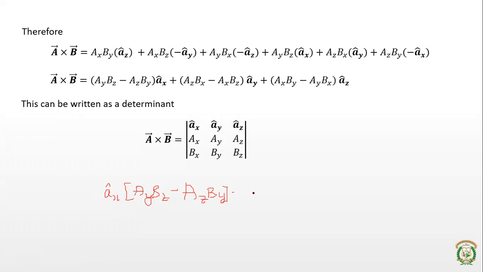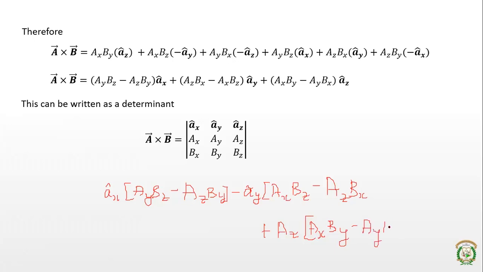Minus ay multiplied by ax bz minus az bx, plus az multiplied by ax by minus ay bx, right? So if you compare these two expressions, it is one and the same.